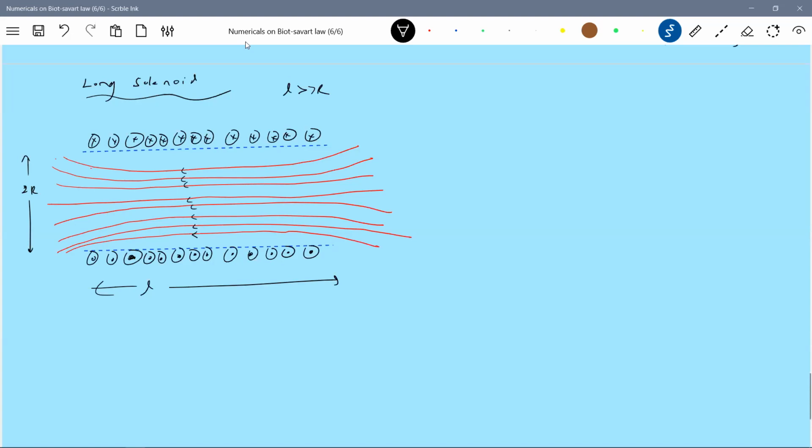The field inside the long solenoid at the middle will be uniform, not everywhere. The field at the center and nearby will be uniform.